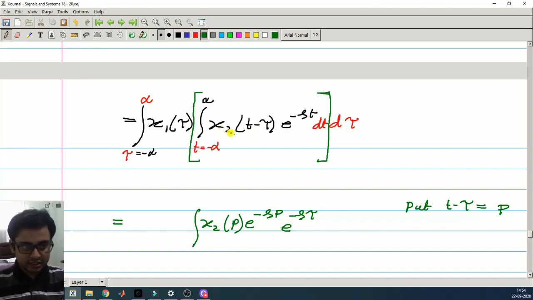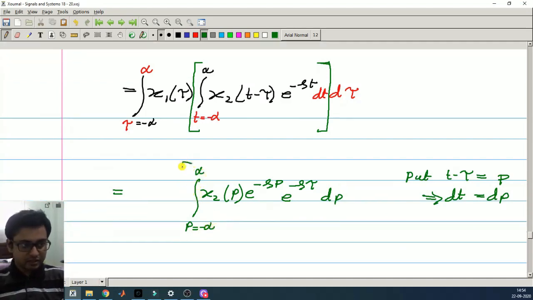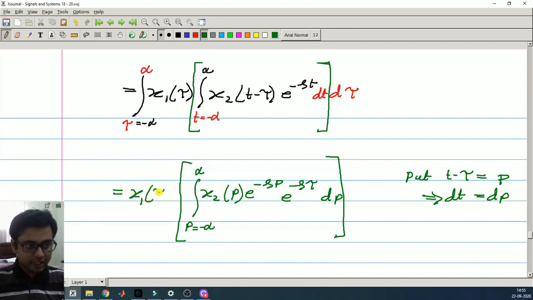Okay, so this is this term, and then dt will be same as dp, so I write dp here, and the limit of integration will be p equal to minus infinity to plus infinity. This is the term inside the bracket, and everything else I will keep as it is.